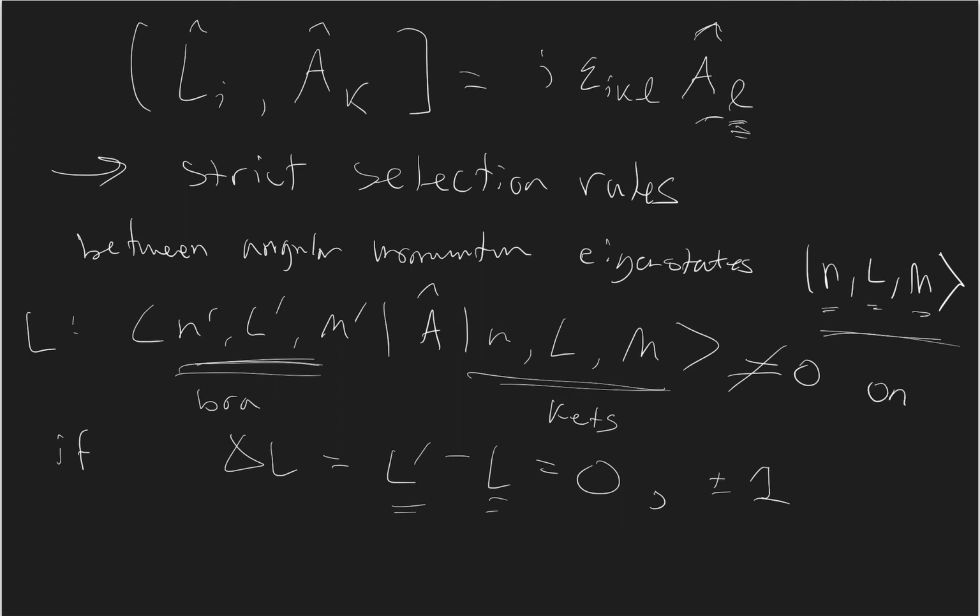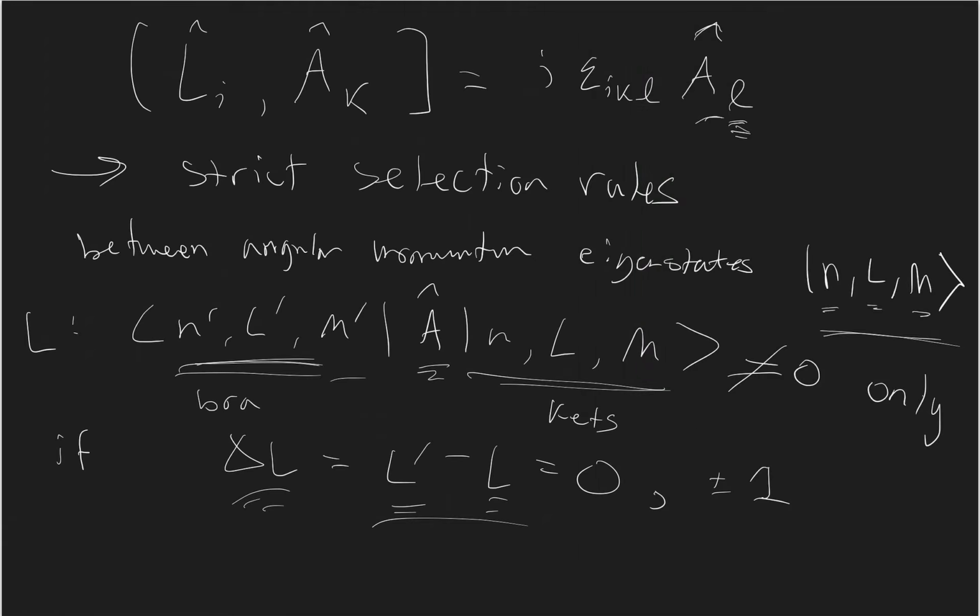Let's say only if. So this inner product with this matrix element in here between these two eigenstates would be non-zero only if the difference in the total angular momentum is equal to 0, or it would be plus or minus 1.